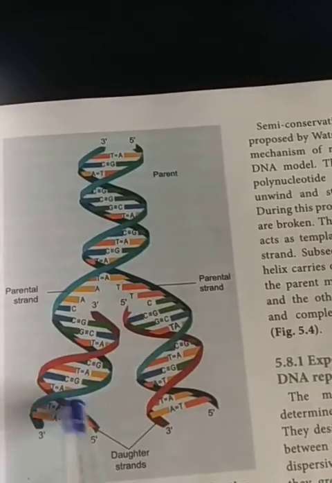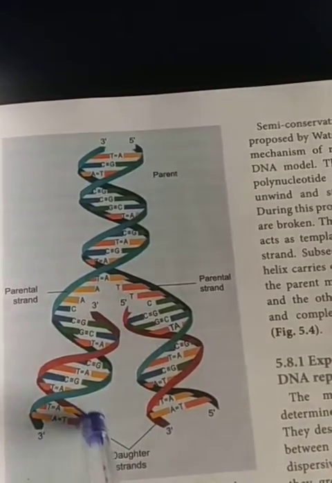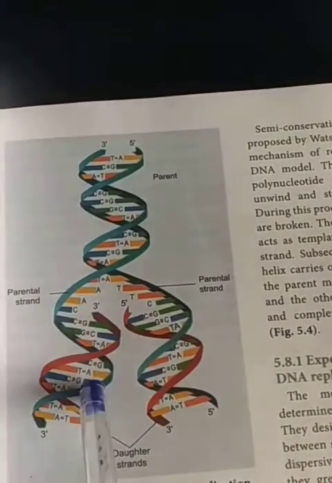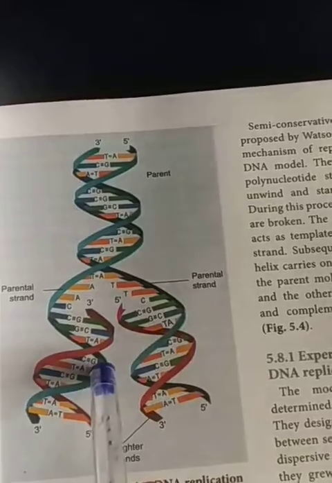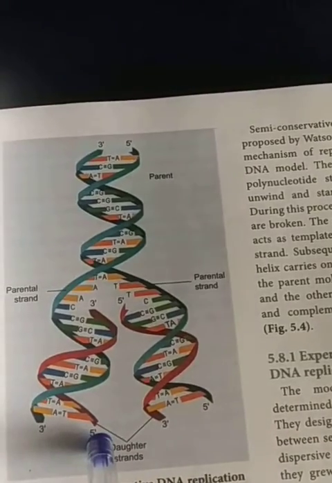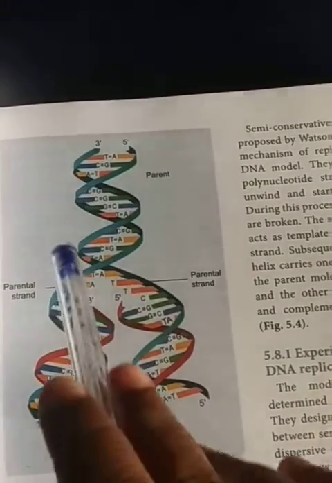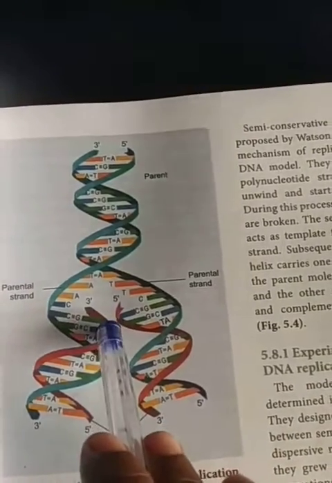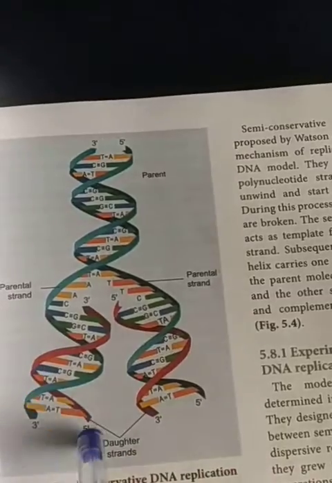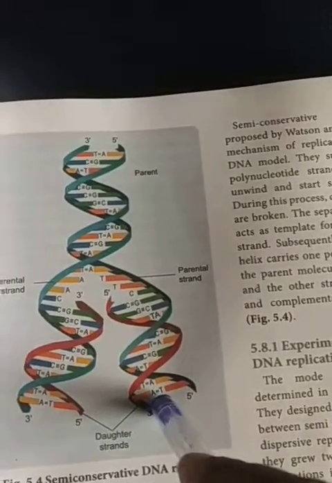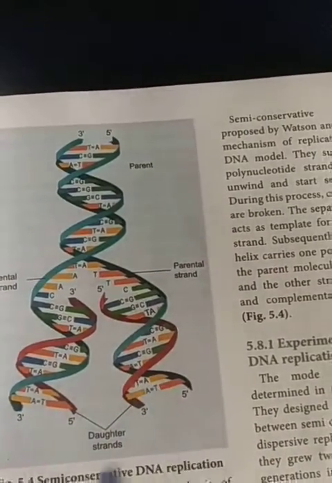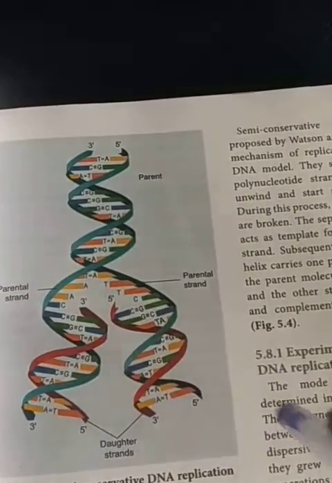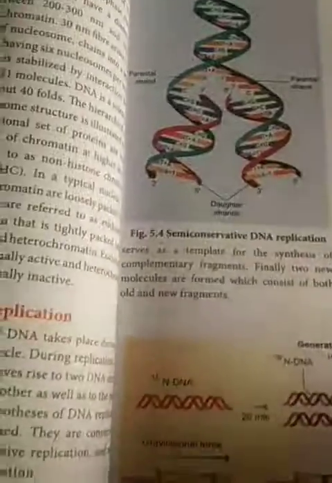In the new daughter molecules, one strand is the parent and the other is the newly synthesized one. So the parent produces an exact complementary strand, a new complementary strand. This type of replication is known as semi-conservative replication, proposed by the scientists Watson and Crick in the year 1953. Okay, can you understand all of you?